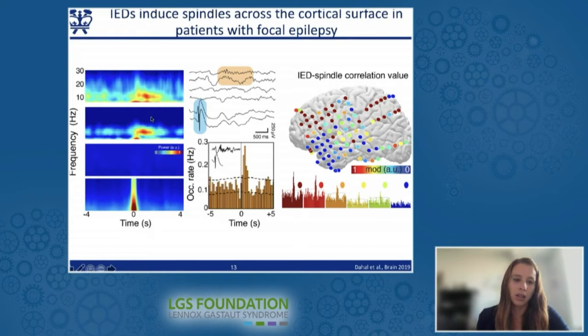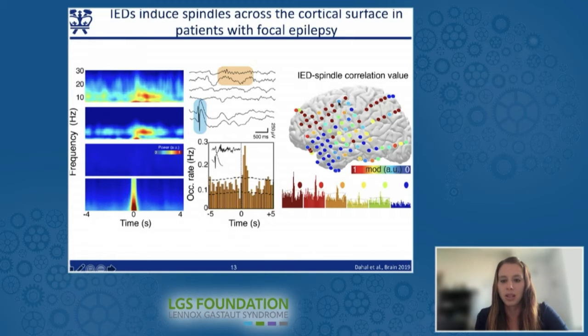We can look at that in terms of our time frequency measures, and also, most importantly, in terms of our cross-correlation measure. Here again, time 0 is the time of the IED. You can see this nice significant peak of spindle coupling in our human subjects. And we can map this across the surface of the brain. Here we take the amount of significant correlation from these cross-correlograms, translate it into a color map, and then plot the color across the surface of the brain.